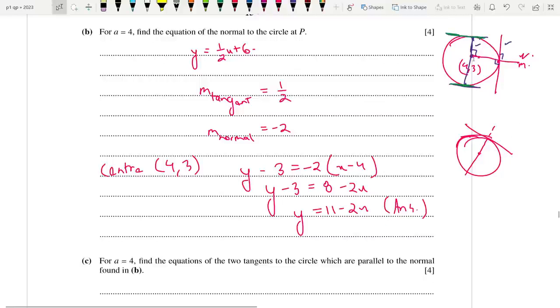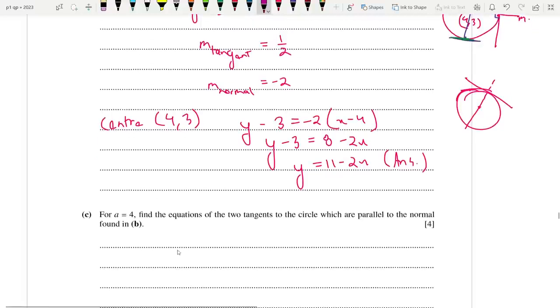So I know that the gradient of the initial tangent was half, so the purple one will also be half. This is the equation of the diameter: y minus 3 equals half into x minus 4.